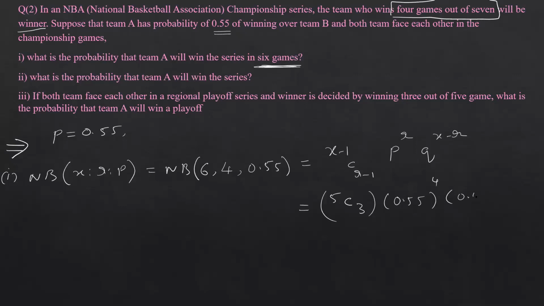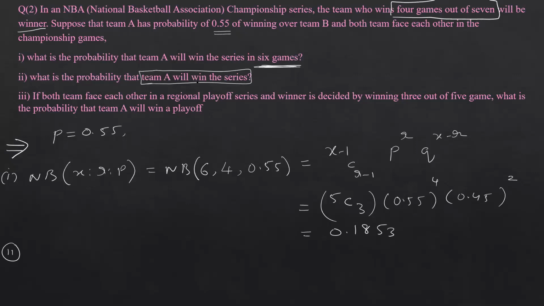So this will be 0.45 failure of X minus R. So X minus R is 6 minus 4, which is 2. Just calculate this. I have calculated this already, you will get approximately 0.1853.